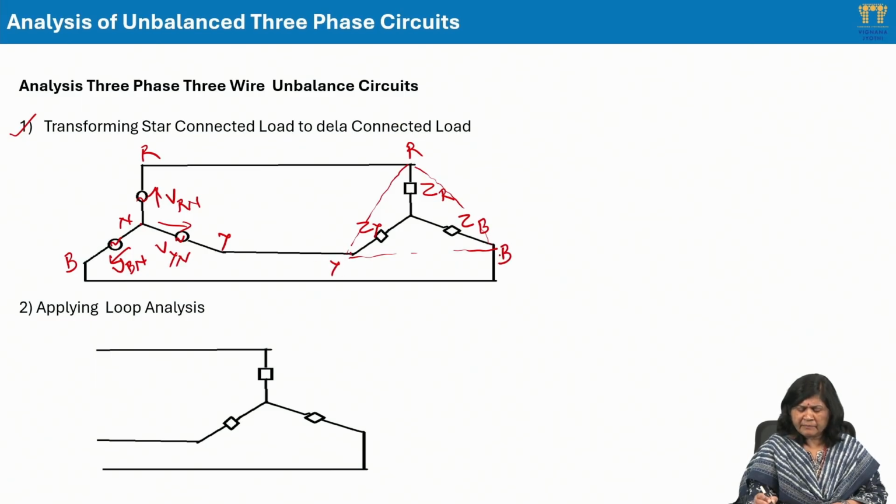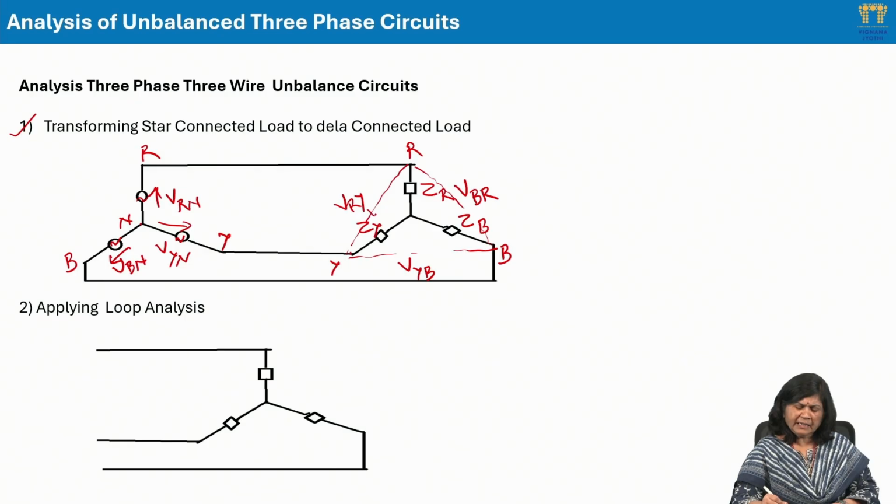My line voltages will be VRY, VYB and VBR. So the equivalent delta impedances we can calculate by transforming this star to delta. And then after taking these impedances, I can calculate the respective delta currents IRY, IYB and IBR.